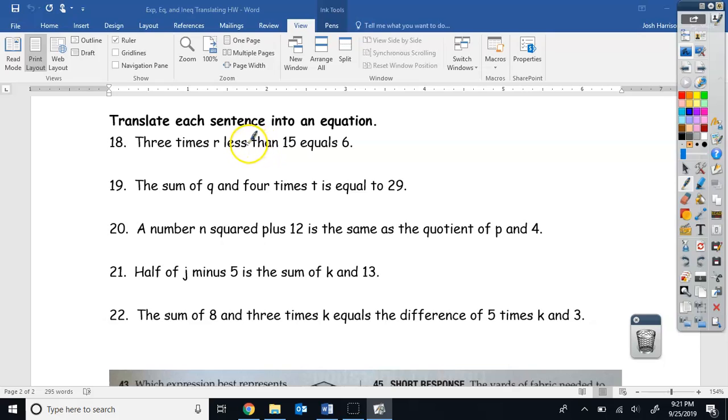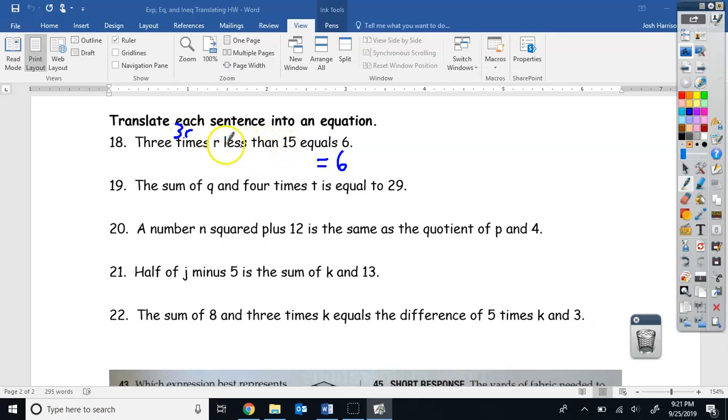3 times r less than 15 equals 6, excuse me. So notice right here, I can go ahead and say equals 6. 3 times r, that tells me I'm going to have 3r. But it is less than 15. But be careful, it is not is less than 15.